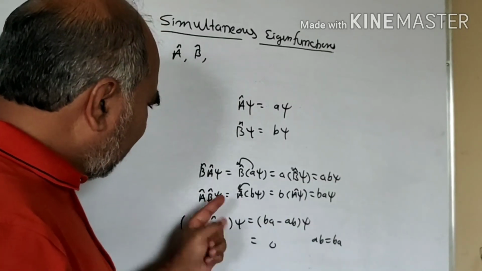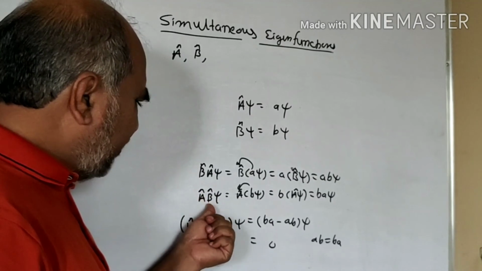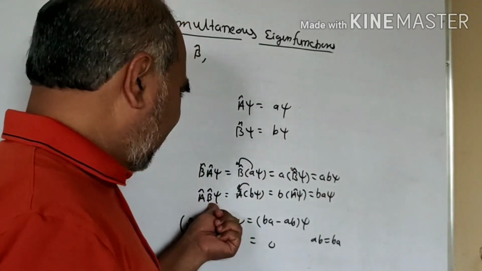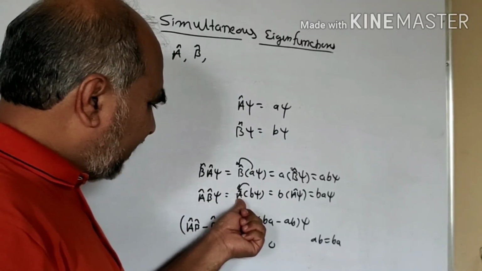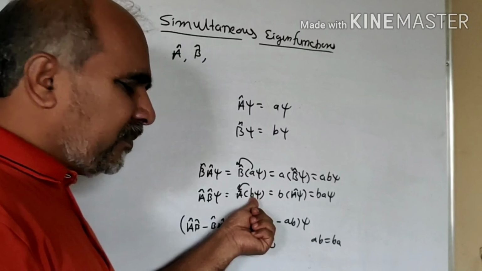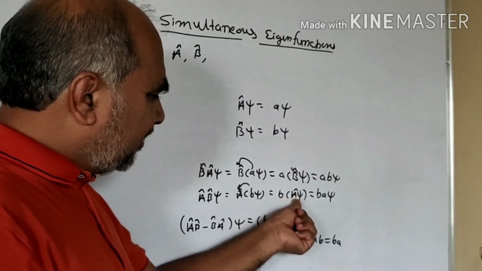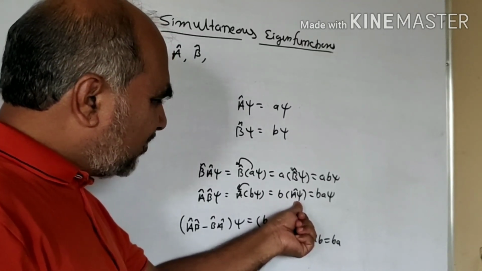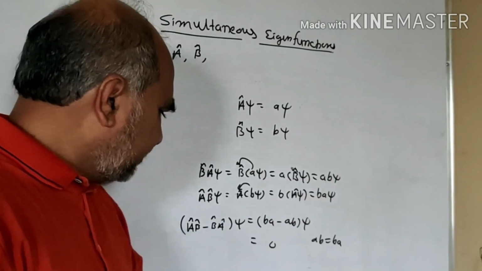Now reverse the operation. BA psi means first A acts on psi and afterward B. So B into bracket a psi, where a is the scalar taken outside, and this is ab psi.